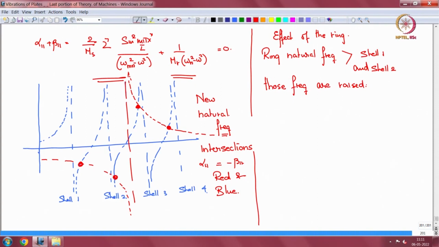You can see that this was the shell first natural frequency, now this is the new natural frequency. And this was the shell second natural frequency, but now this is the second shell natural frequency. So, both of them got raised, from here to here and here to here, or rather on this axis, from here to here. That's the way to look at it. So that is the increment.